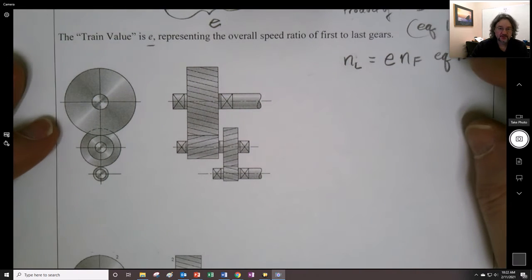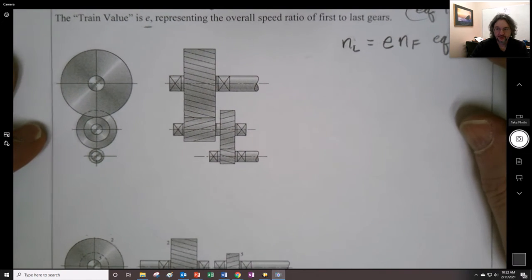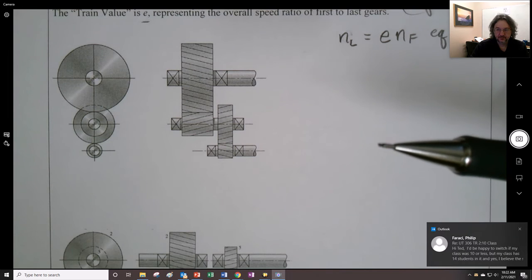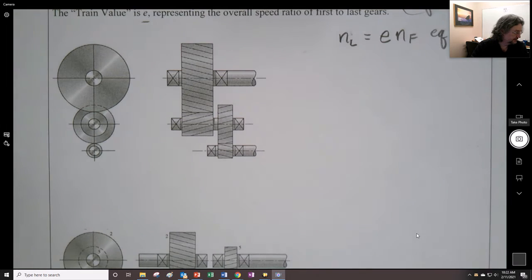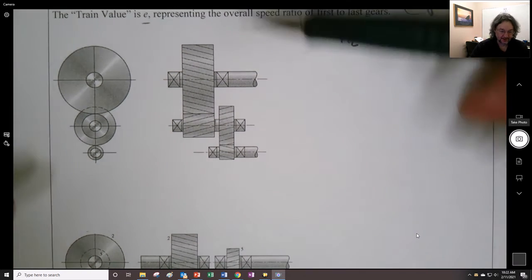An important consideration that we will want to make when looking at arranging gear sets is the location of the input shaft and the output shaft, or the shafts relative to one another. It's an interesting thing to do here.